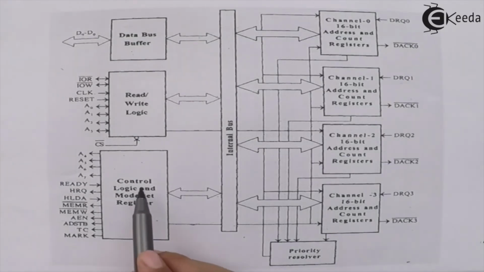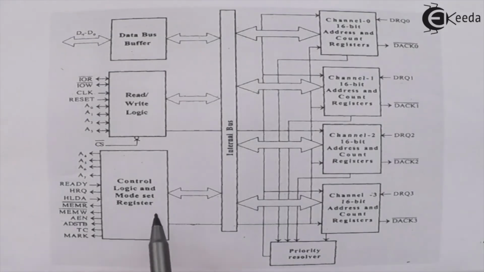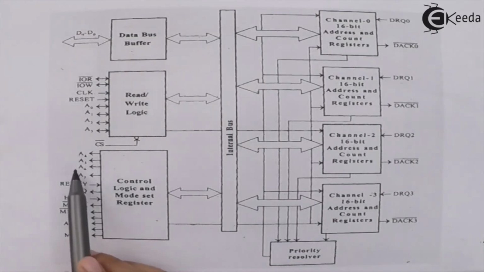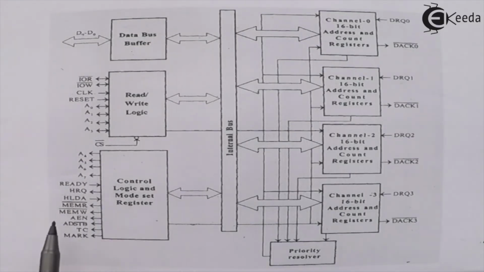Here the control word is stored and the mode is decided. Here we have the higher order address lines A4 to A7, then ready signal, hold request, hold acknowledge, memory read, memory write, AEN, that is address enable, address strobe, and this is terminal count and mark.